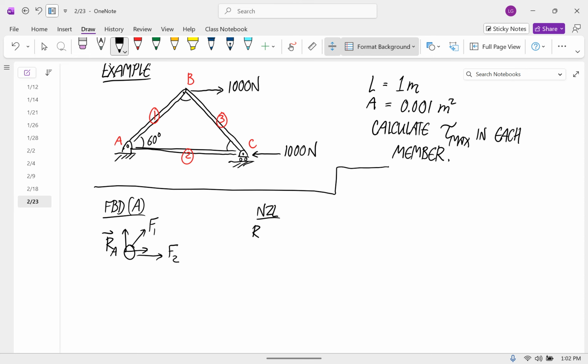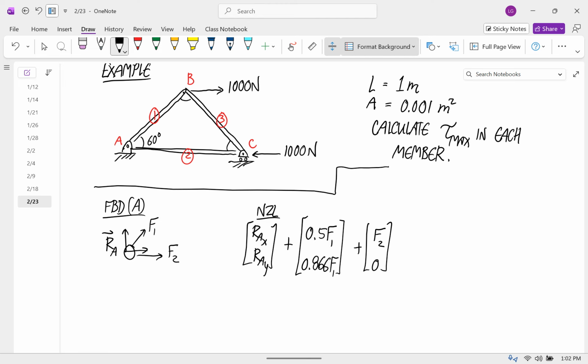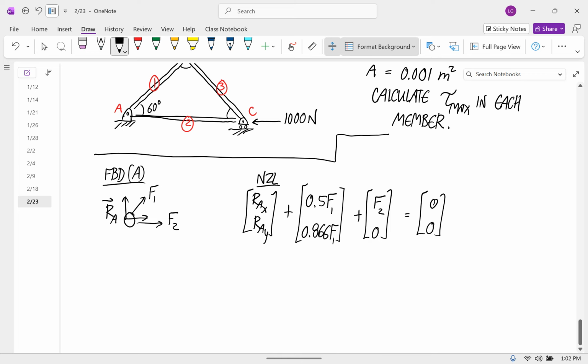And so Newton's second law says RAX, RAY plus 0.5 F1, 0.866 F1, plus F2, 0 is equal to zeros. Any questions about that one?